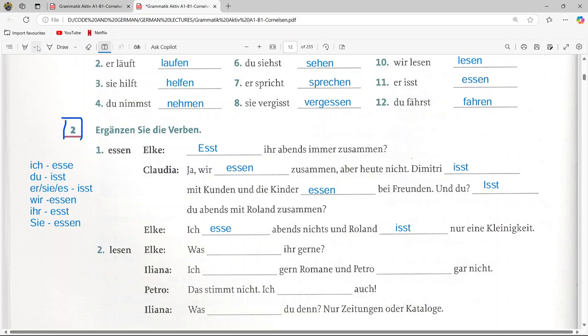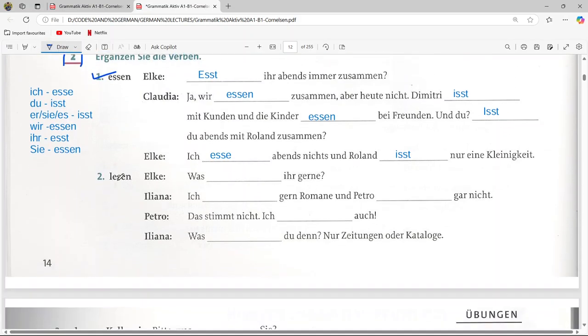So this one is finished. Next one, we have the verb lesen, and we have a conversation between Luke, Eliana and Petro, so three persons. We have the verb lesen, and at first we determine the conjugation. For ich, lesen becomes lese, no problem. For du, this becomes liest.